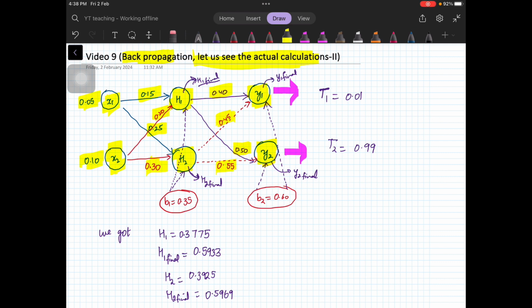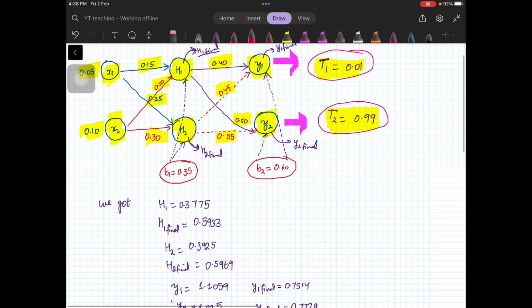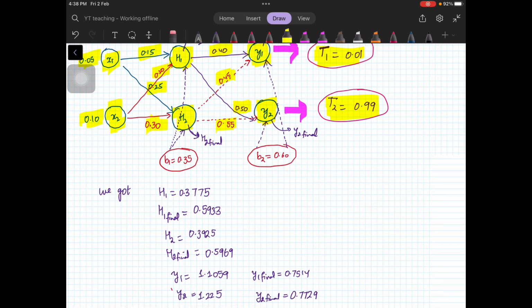This was our target variable. T1, y1 was supposed to have the value 0.01, and y2 was supposed to have the actual value, which we have in our training set, 0.99. We did the calculations and found the value of h1 depending on these parameters. What is the difference between h1 and h1 final?